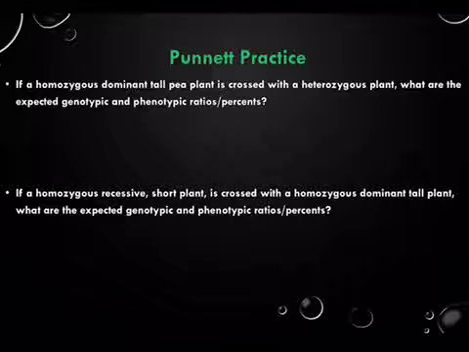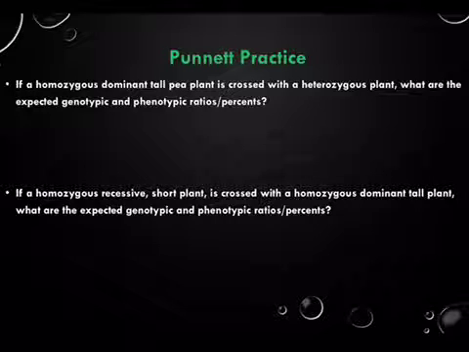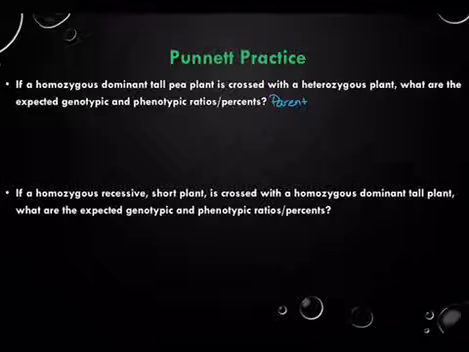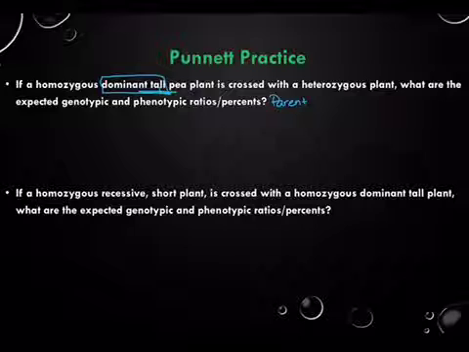A homozygous dominant tall pea plant is crossed with a heterozygous plant. What are the expected genotypic and phenotypic ratios or percents? We need to figure out the parent genotypes first. If it's a dominant tall, you can pick which letter you want to use, but I'll use T for tall.